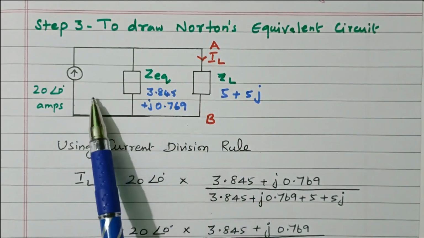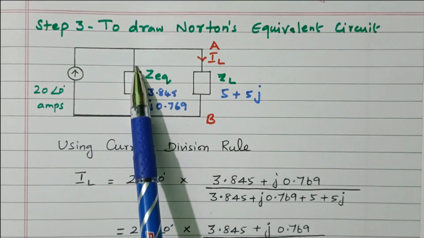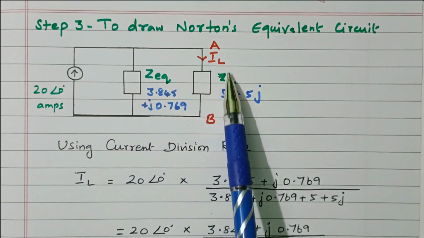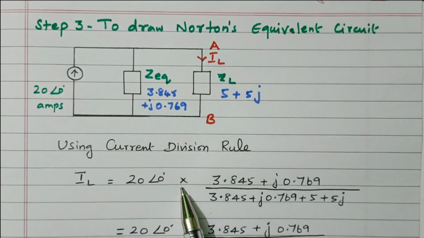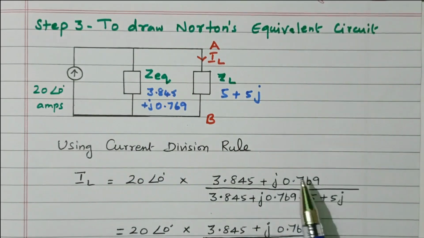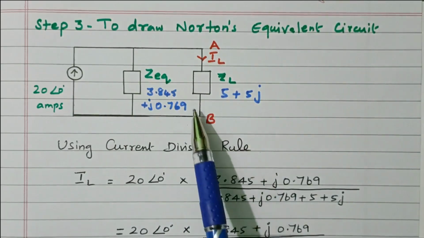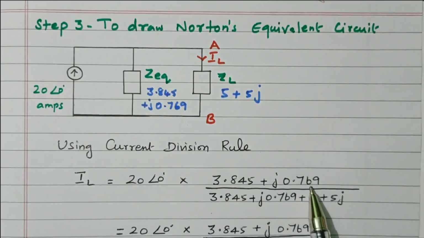So our aim is to find the current flowing through this load terminal. How to find this? By using current divider rule. This 20 ampere is flowing. At this point current is divided. So by using current divider rule we can find the current through the load resistance. So IL equals total current multiplied by other branch impedance. The current we need is through this 5 plus 5j, but we need to multiply with the other branch impedance 3.845 plus j 0.769 divided by total impedance.